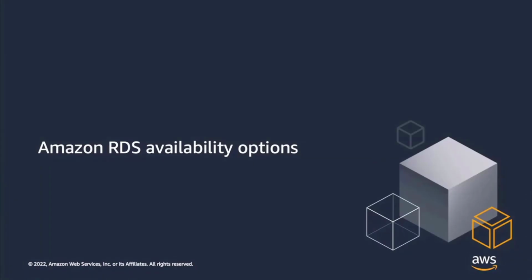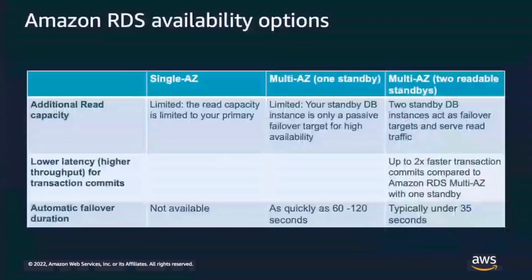Now I'm going to talk about RDS availability options. Now we will dive into how these different options compare across specific capabilities. First, we will look at additional read capacity across single AZ, multi-AZ with 1 standby and multi-AZ with 2 readable standbys. For single AZ, your read capacity is limited to the capacity of your primary instance.